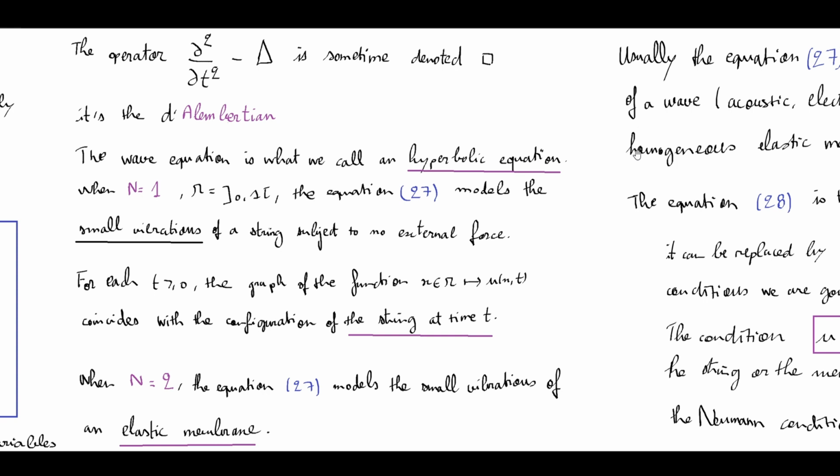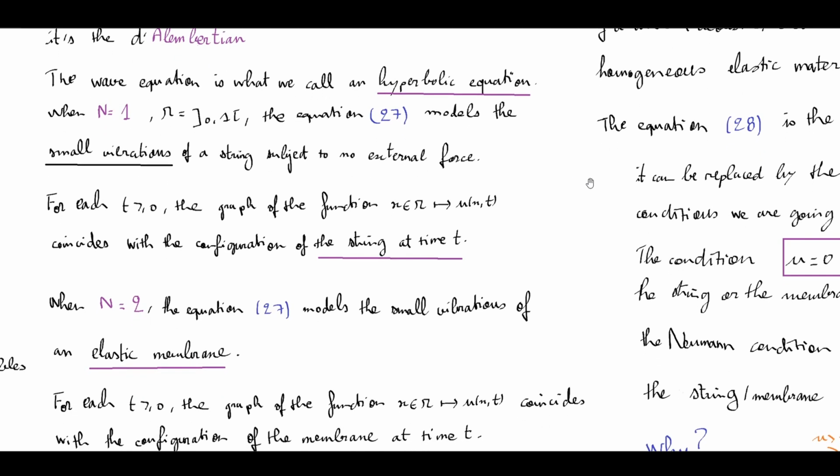When n equals 1, omega equals (0,1), the equation 27 models the small vibrations of a string subject to no external force. For each t greater or equal to 0, the graph of the function giving u(x,t) for each x in omega coincides with the configuration of the string at time t.